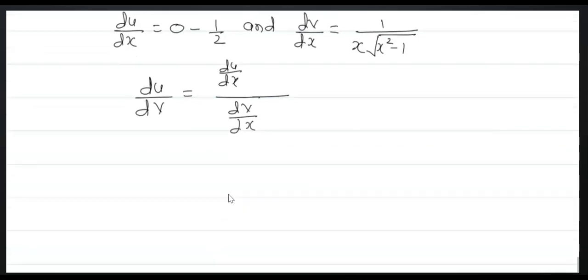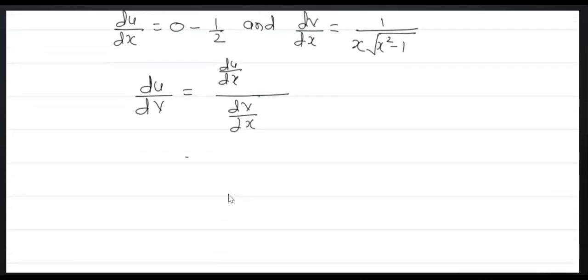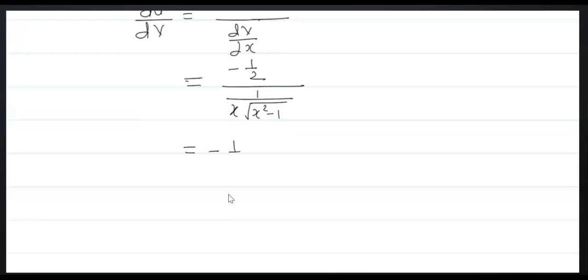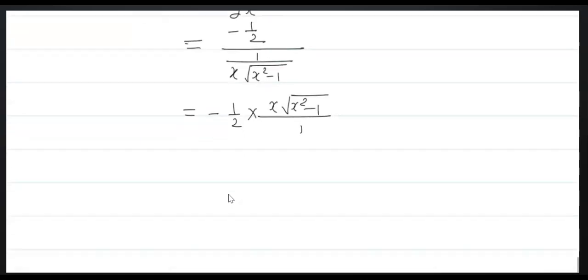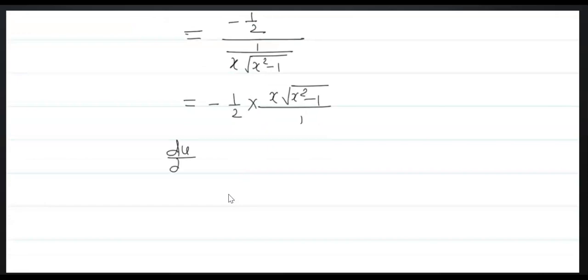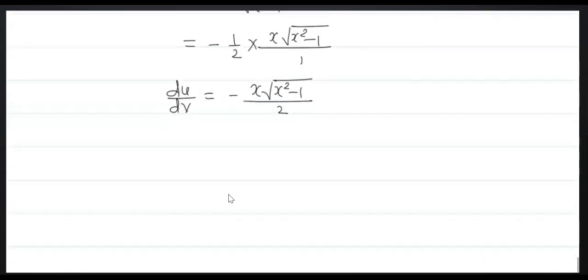That is minus 1 upon 2 whole divided by 1 upon x root of x square minus 1, and it becomes multiplied by the reciprocal, that is minus 1 upon 2 into x in root of x square minus 1. Therefore du by dv is equal to minus x in root of x square minus 1 upon 2, and this is the final answer.